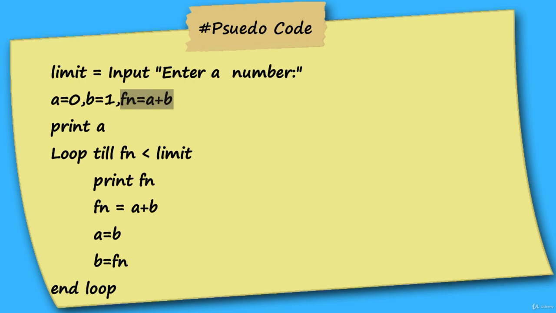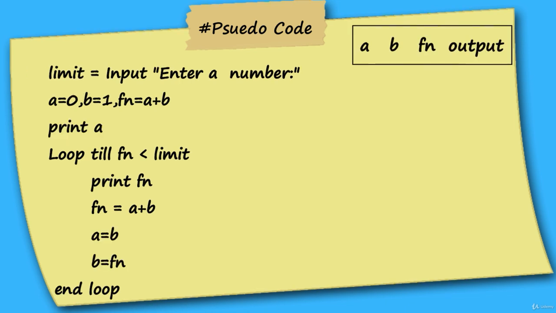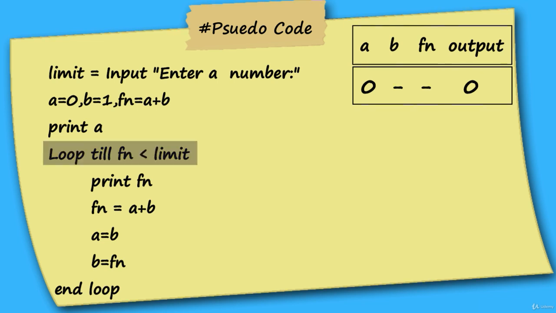Because we want to print 0 and 1 from the beginning, here we are writing a logic where we are directly printing the value of a. So here the output will be print a, that means the 0 value is displayed. Now we are putting a loop where we decide that unless fn reaches limit, it should keep on repeating a process.